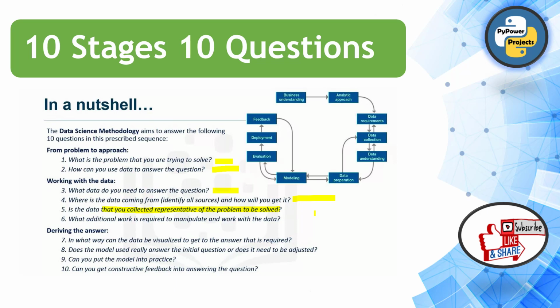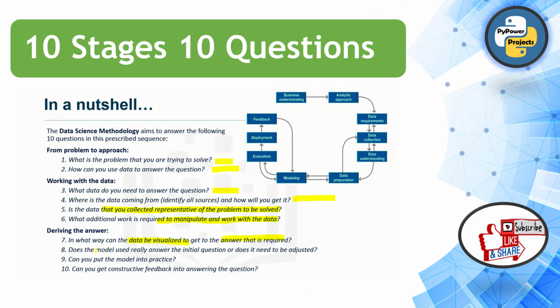If not, we move back to the collection or requirement stage, recollect the data and come back. And then we go for additional work, that is cleaning and wrangling of the data. We need to fill the missing values, we need to place certain other things into the data set, that is on the preparation stage. Then we go for deriving the answers, that is we need to visualize the data or create a model, whichever is required.